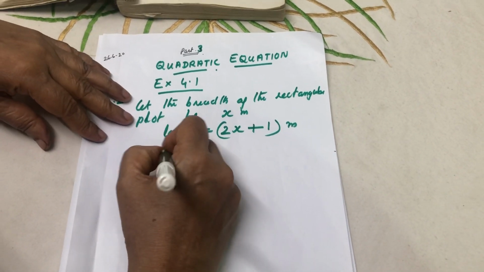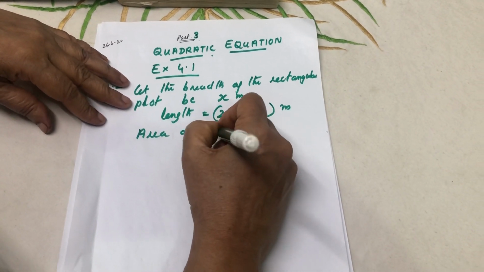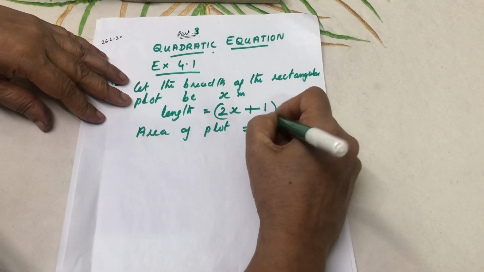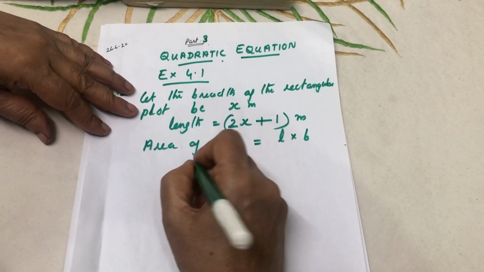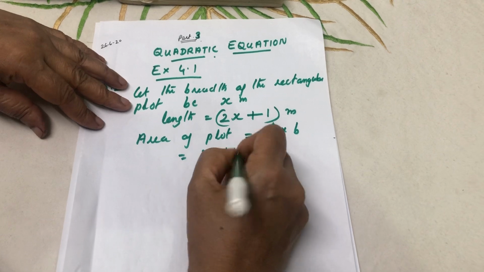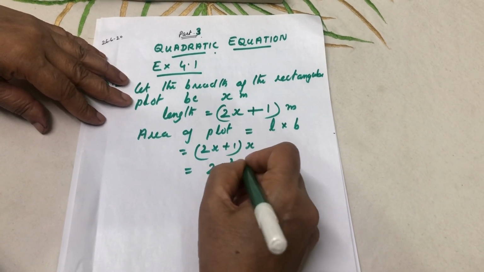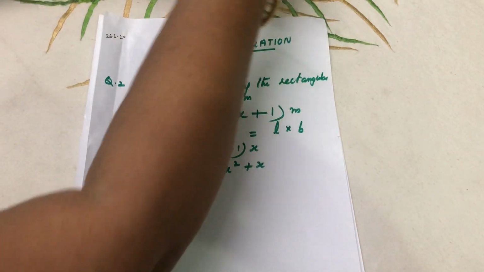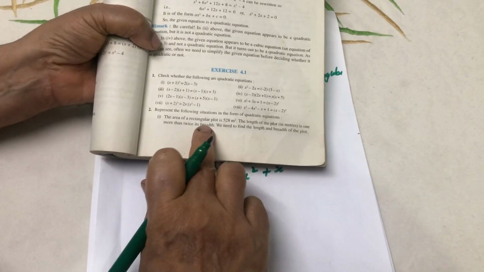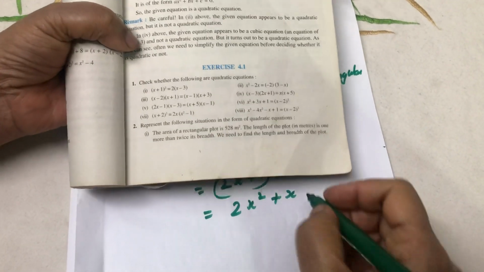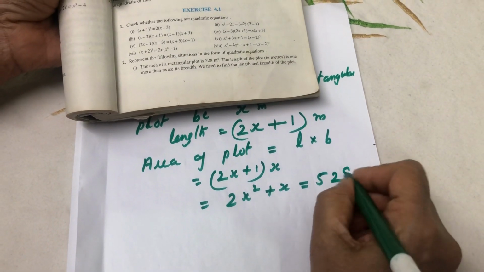Then area of plot, it is a rectangular plot, so length into breadth, that is 2x plus 1 into x. 2x into x is 2x squared plus x. But in the question it is given the area of the rectangular plot is 528.